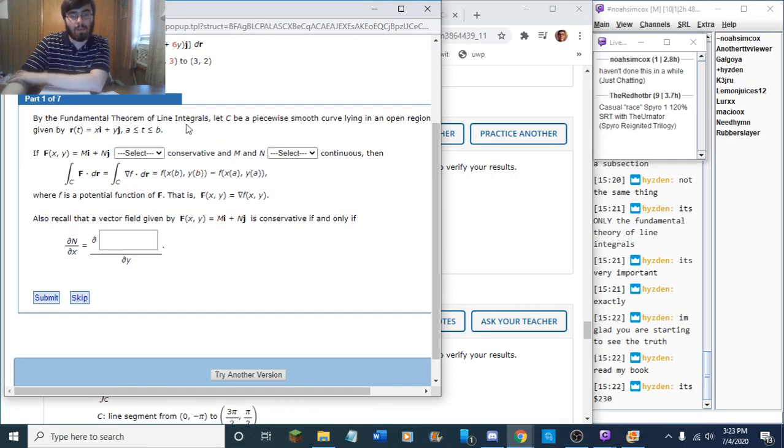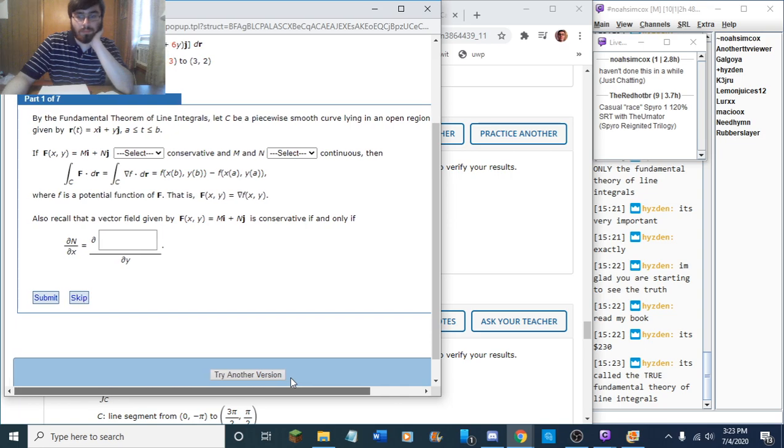By the fundamental theorem of line integrals, let C be a piecewise smooth curve lying in an open region. The true theory of line integrals.